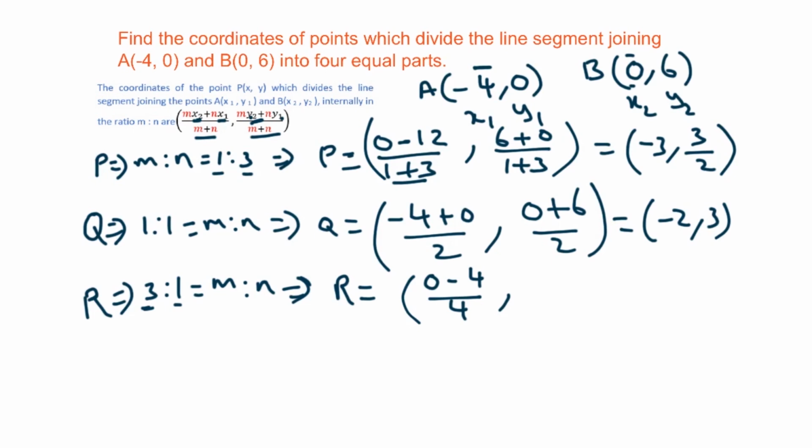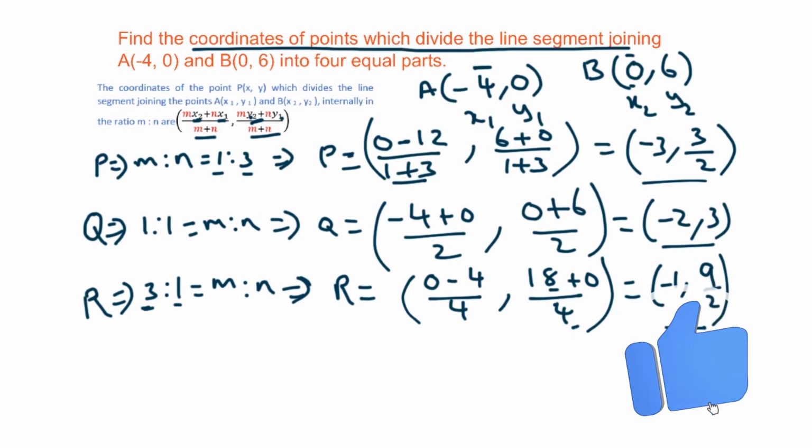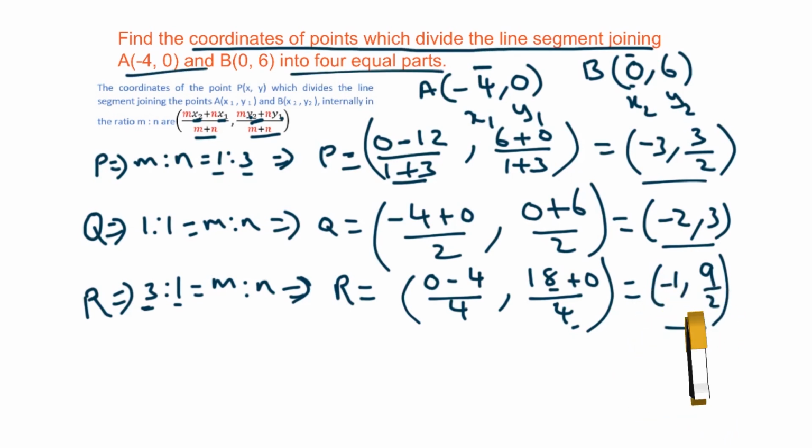Again m y2, 3 times 6 is 18, plus n y1, 1 into 0 is 0, divided by 4. Now -4 divided by 4 is -1, and 18 divided by 4 is 9 by 2. So P, Q and R are the three points which divide the line segment into 4 parts.